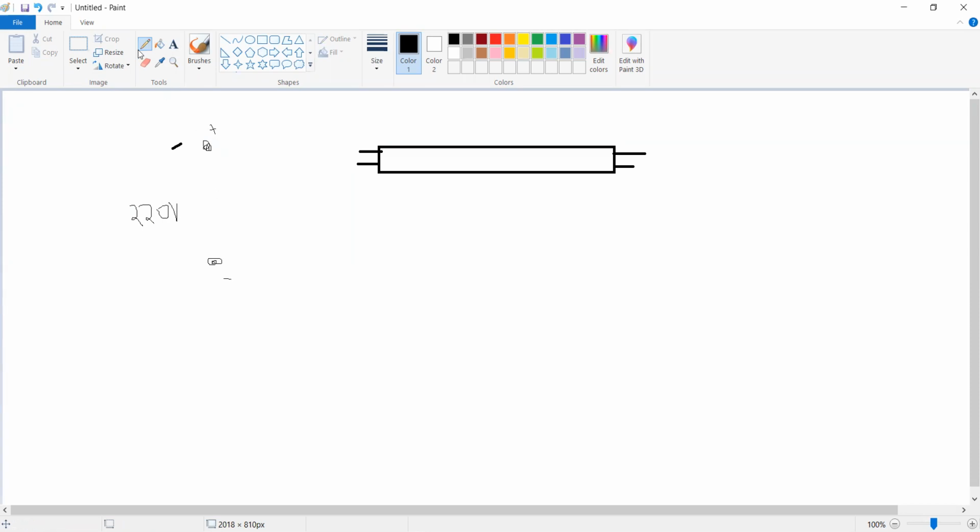So you connect one terminal to this and you connect the other terminal to this.